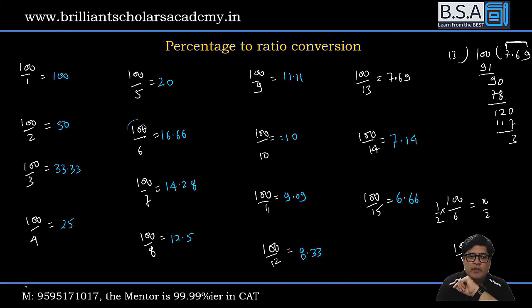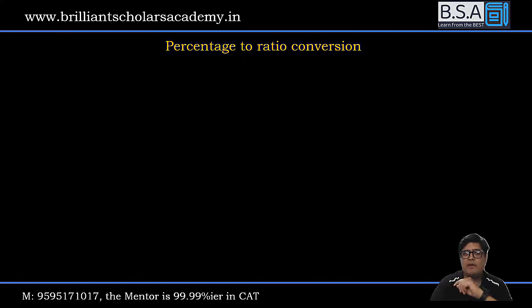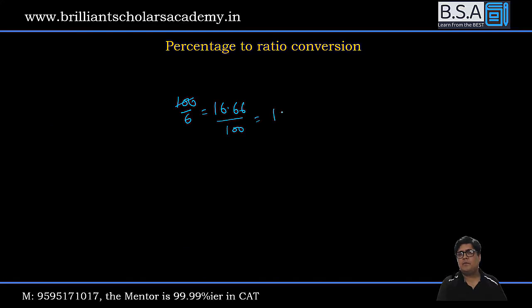So what I will do is, see, it erased all of the values we had written. Let me take a few numbers. If I have 100 by 6, it was 16.66. If I cancel this 100, I can bring it to the right side. So the right hand side becomes a percentage, and the left hand side becomes 1 upon 6.